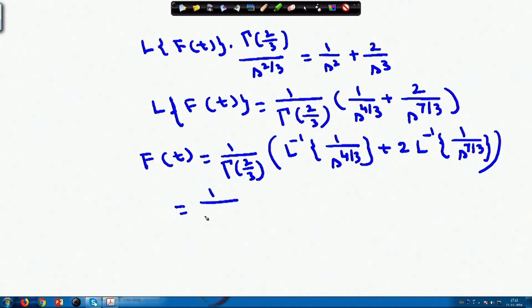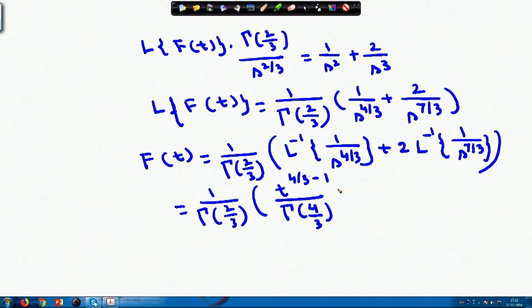So this equals 1 by gamma 2/3 into t to the power 4/3 minus 1 by gamma 4/3, plus 2 into t to the power 7/3 minus 1 by gamma 7/3.